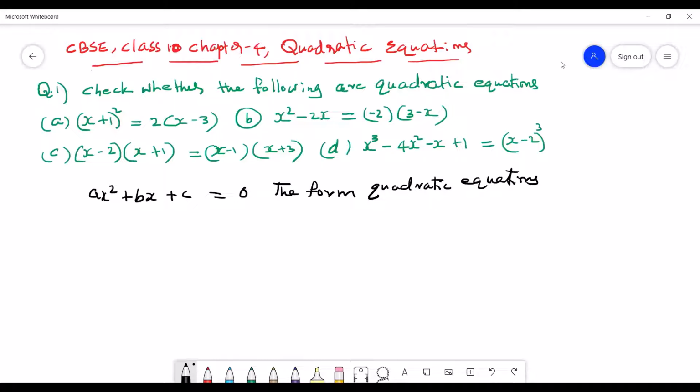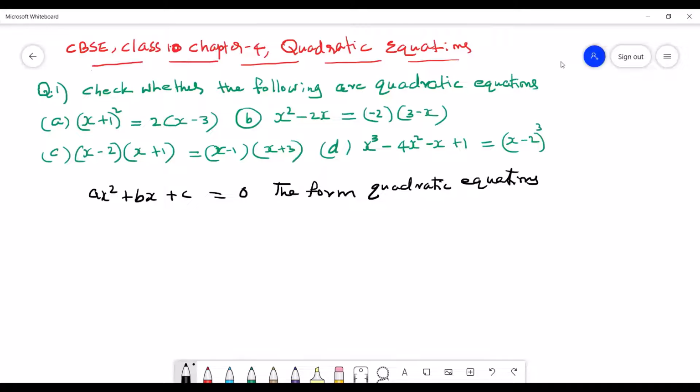If we can write any equation in the form of ax square plus bx plus c equal to 0, or ax square minus bx plus minus c, or whatever those symbols may be, that also will come as a quadratic equation. The condition is that the power of the variable should be 2. If the power of the variable is 2, then we can call it a quadratic equation.